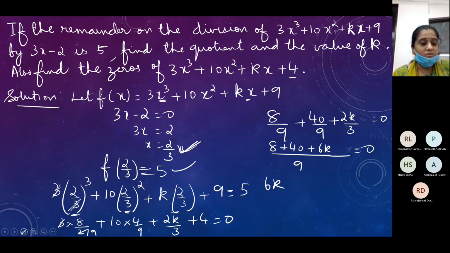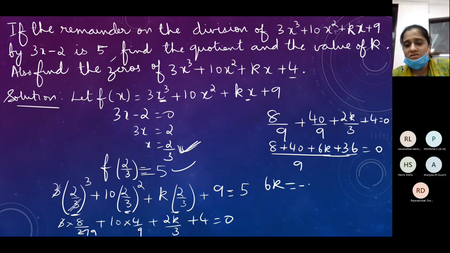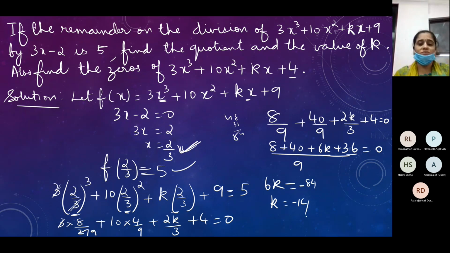So that makes it what? Yeah, plus 36. Is it plus everywhere? Is equal to 0. So 6k is equal to minus 48 and 36, minus 84. So k is equal to minus 14.